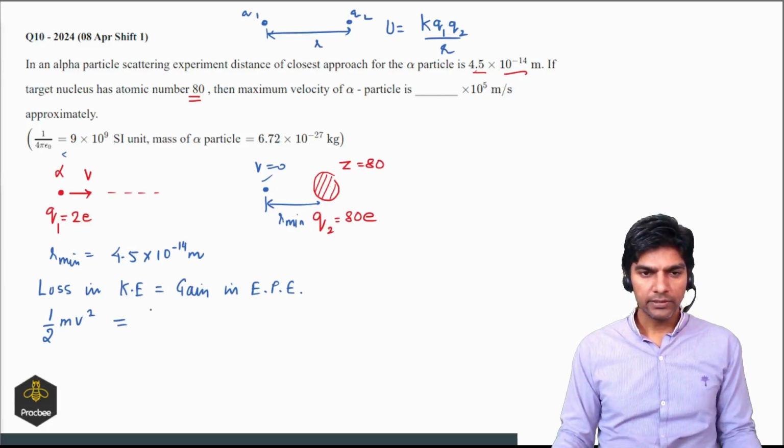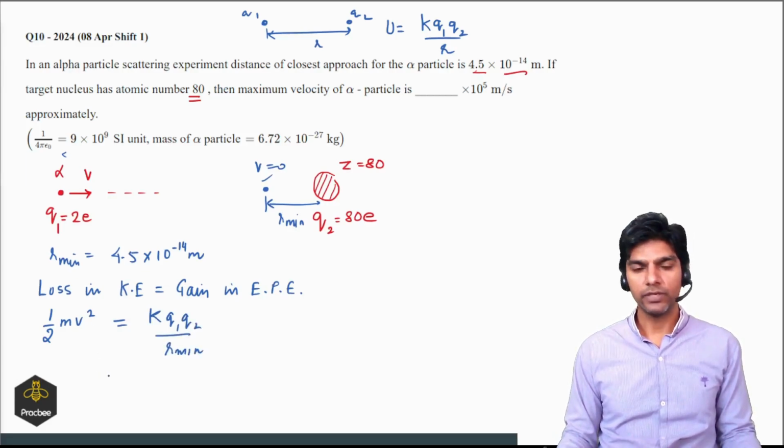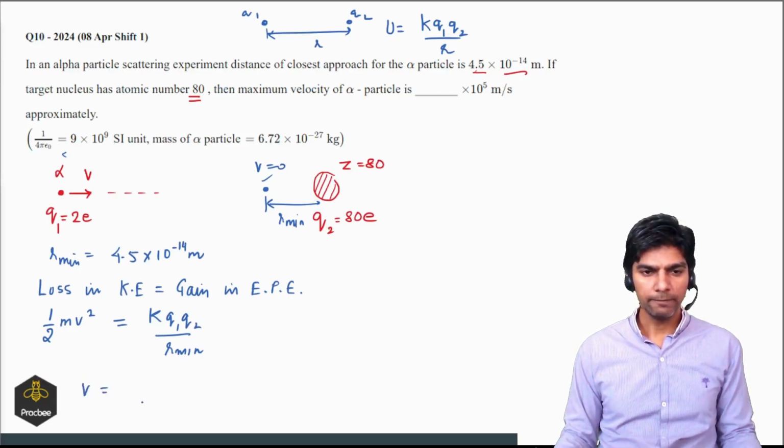So it can be written as K Q1 Q2 divided by R min, and we have to find v. So v will be the square root of 2 K Q1 Q2 divided by m times R min.